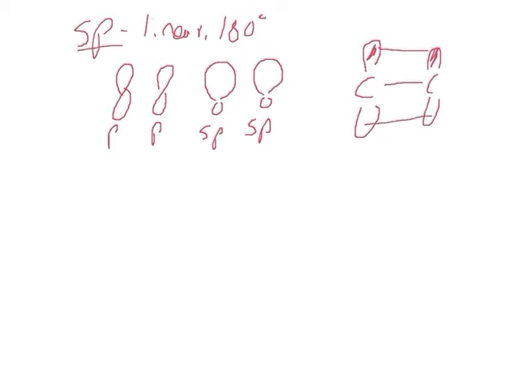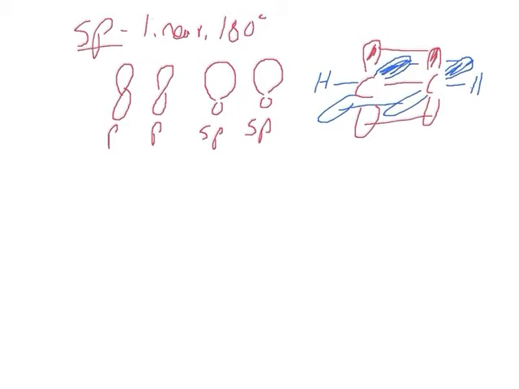It's one of the p orbitals. The other p orbital is at a 90-degree angle away from that one. And then finally there's this sp bond there. That's the geometry of an sp hybridized alkyne, sp hybridized carbon or atom.